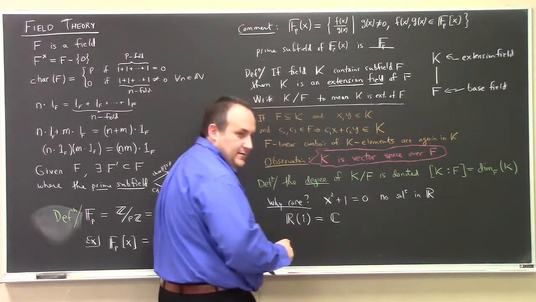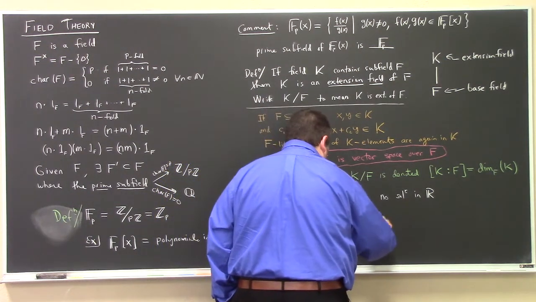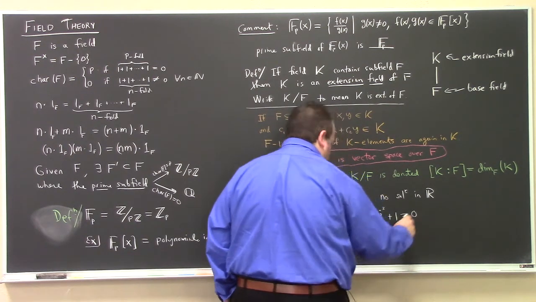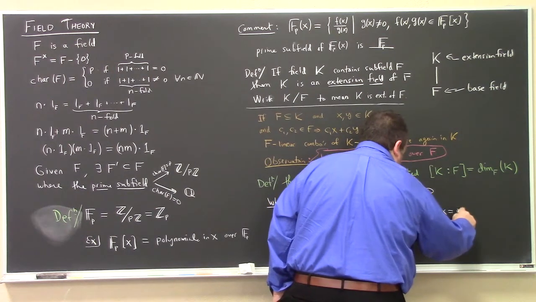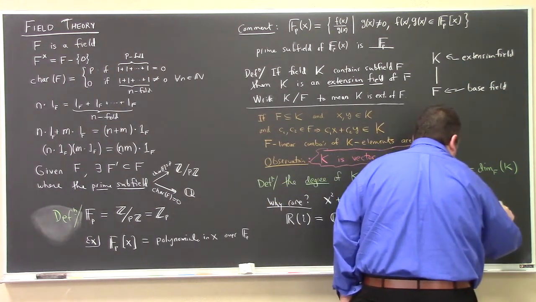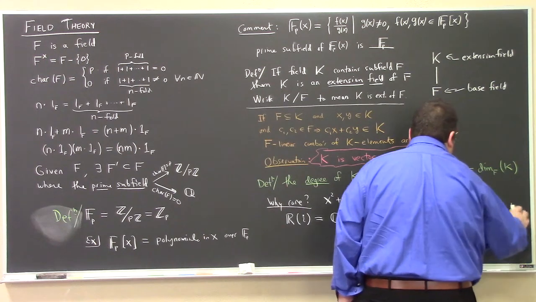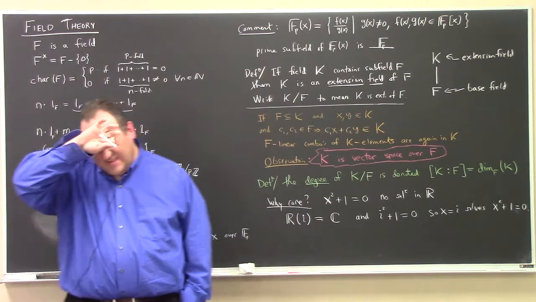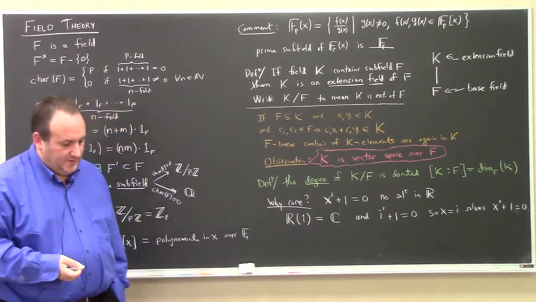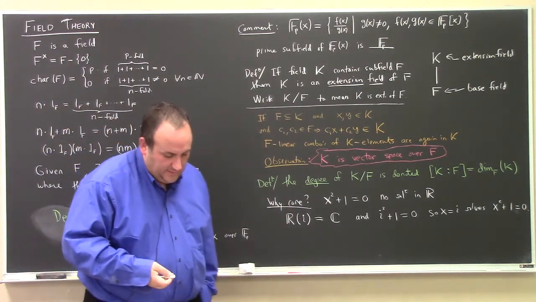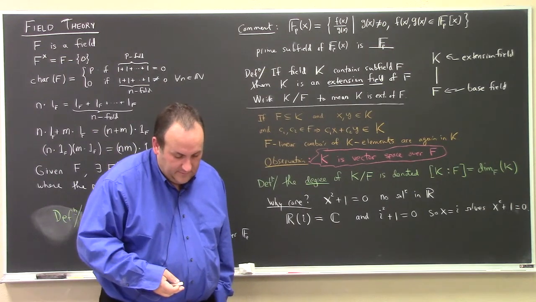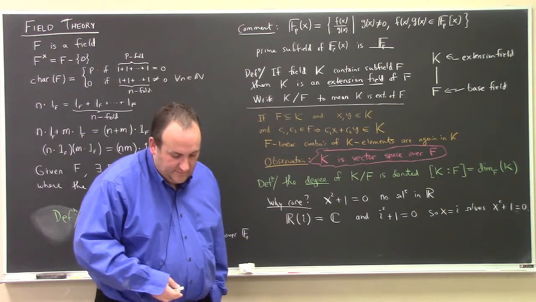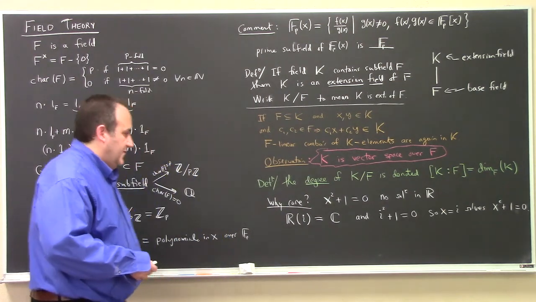And i squared plus 1 is equal to 0, so x equals i solves x squared plus 1 equals 0. One of the fundamental questions here is, given a polynomial equation, can we find a field where that polynomial has a 0 in it? Is there an extension field which contains the root of p of x?